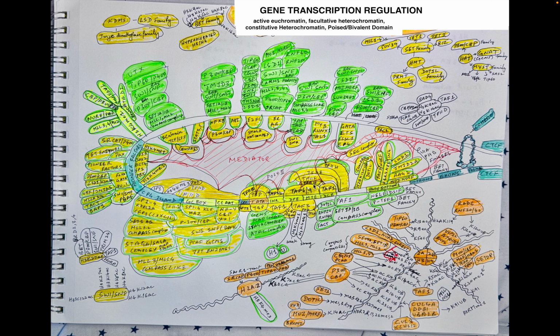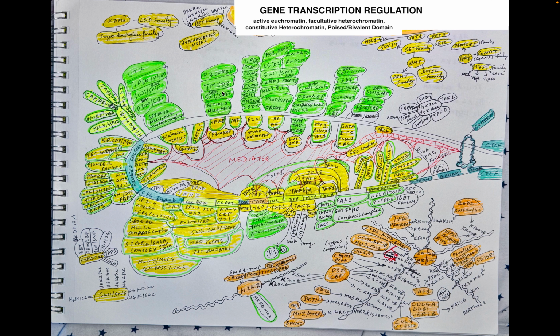And look at the number of inputs that are needed and the machinery. Part of it is machinery, part of it is input. Here are the inputs coming, pioneer factors. These are the transcription factors here. Various kinds of inputs come in, and they get translated into gene.